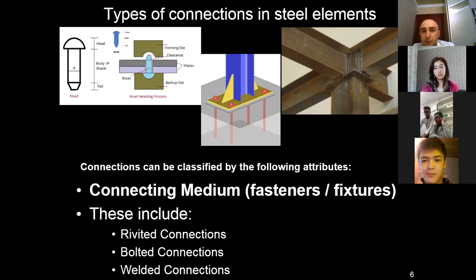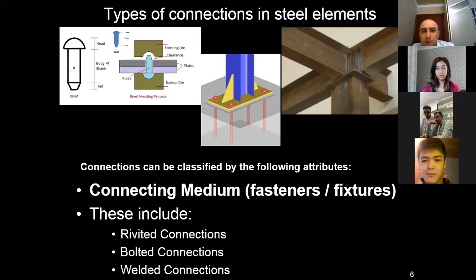If we're talking about types or classifications, we see that there are various classifications of connections. It assists with the design of steel, and the choice is based on practical considerations. In general, they can be classified into 5 main categories.